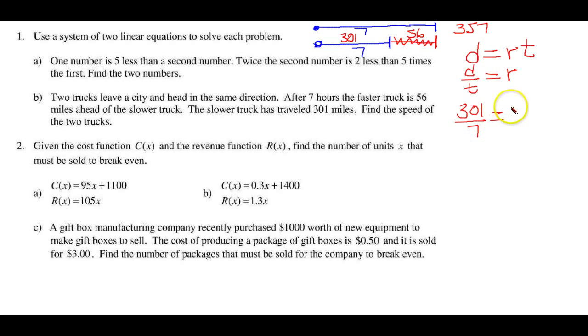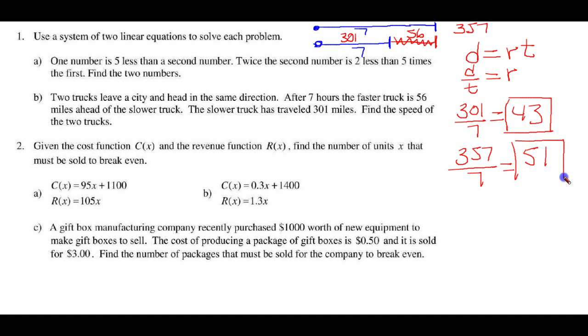That will equal 43. And for the faster truck, which went 357 miles, for also 7 hours, that would be 51 miles per hour. And that seems reasonable. Find the speed of the two trucks. And again, you'll be putting this, if you get one like it, into an equation that they're asking about the slower truck, the faster truck.